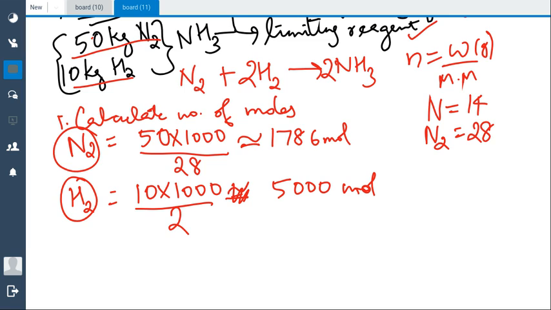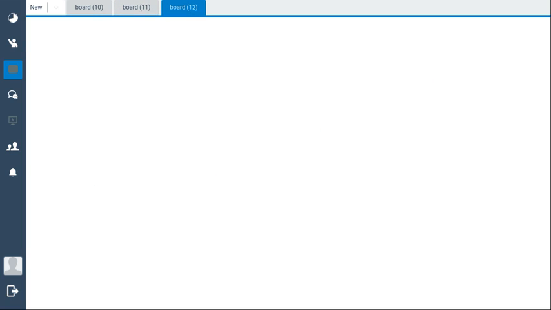Now, what is the next step? Now we need to consider this reaction. According to this reaction, I write it on another board: N2 plus 3H2 gives 2NH3.